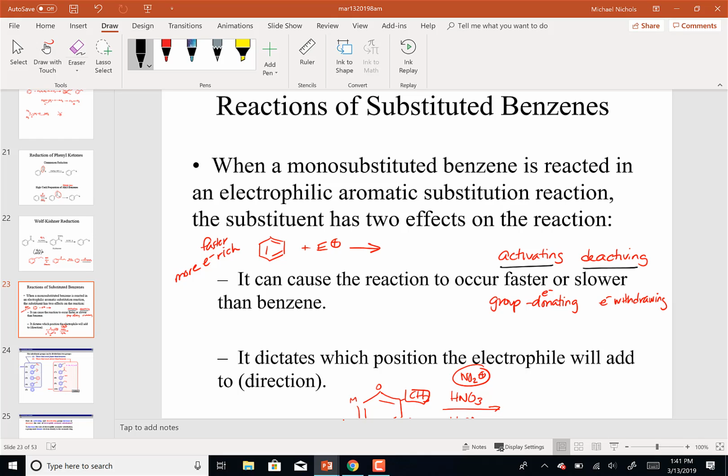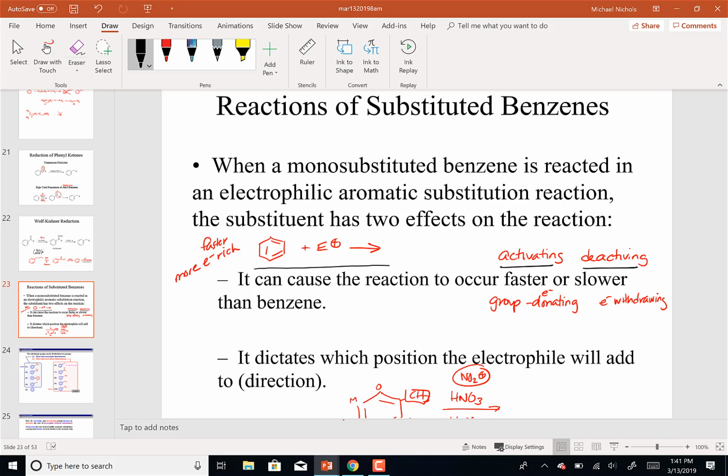So then we go back and we remember, well, what am I doing? I'm adding an E plus to a benzene ring. What's the E plus? What's the E stand for? Electrophile. So it's the electrophile.